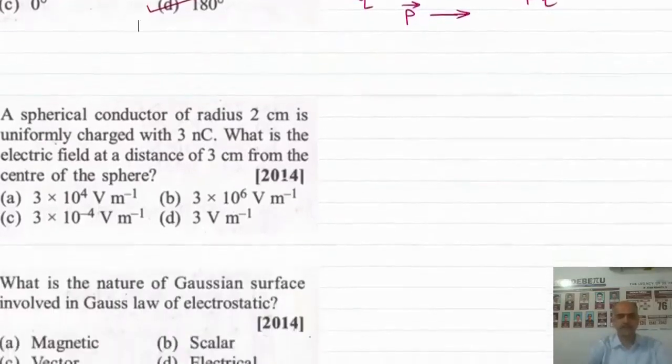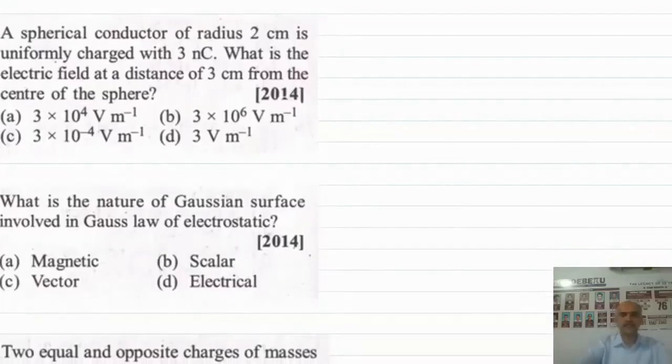Next, a spherical conductor of radius 2 cm is uniformly charged with 3 nanocoulomb. What is electric field at a distance 3 centimeters from the center? So 3 is greater than 2, so you will have electric field. So R is equal to 3 into 10 raised to minus 2 meters. You are required to find electric field. So substitute directly in the formula, simplify, you will have the answer in 2 steps.